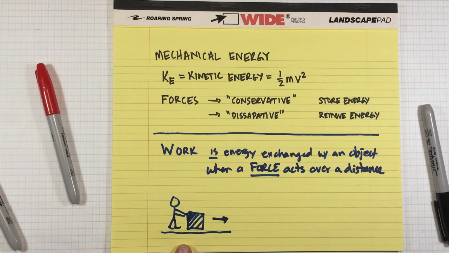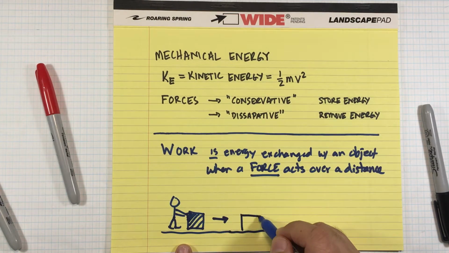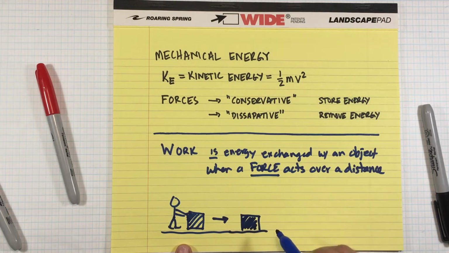Then when the box gets over here and I stop pushing on it, the box is not in motion. There was another force at work here, and that is the force of friction between the box and the floor. So we say that the friction dissipated the energy that the box had. Friction also did work on the box.